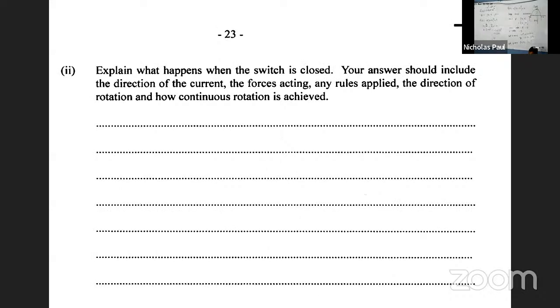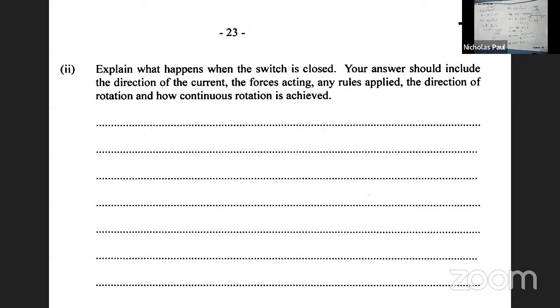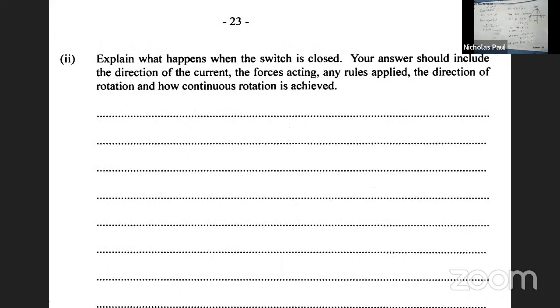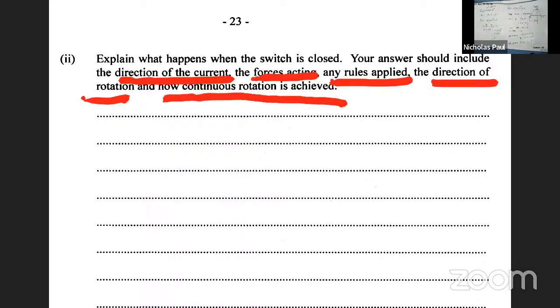And look at it here. They basically give you the order, how to give the answer. Current direction, forces acting, rules applied, direction of rotation, and how continuous rotation is achieved.